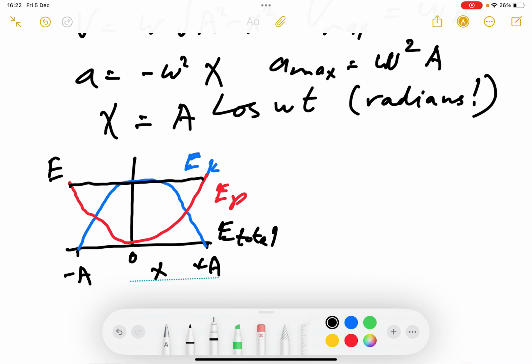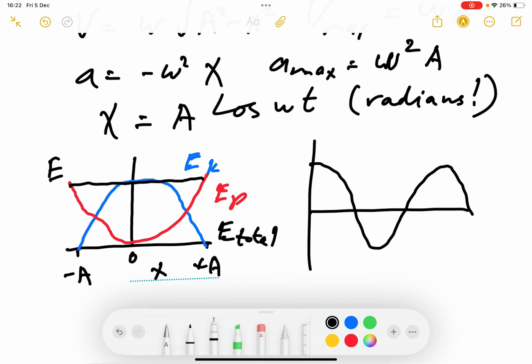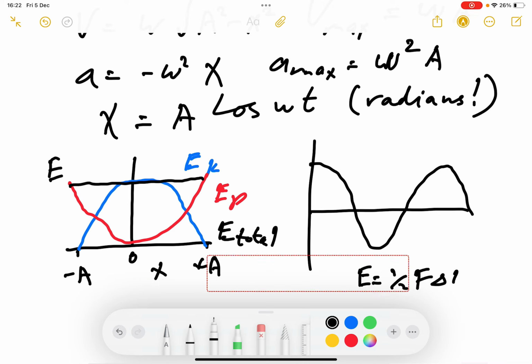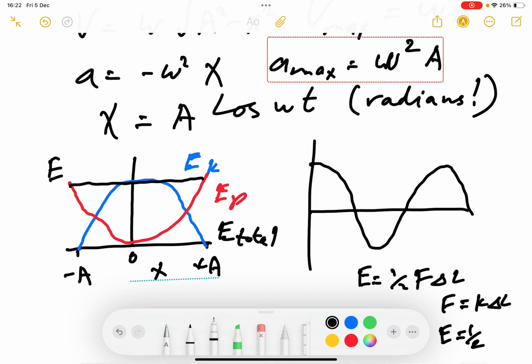Or, and this is slightly more tricky, if we imagine this is our displacement time graph, our potential energy is never zero. And if you think about the energy stored in a spring, it's a half F delta L, but F equals k delta L. So the energy stored is a half k delta L squared.